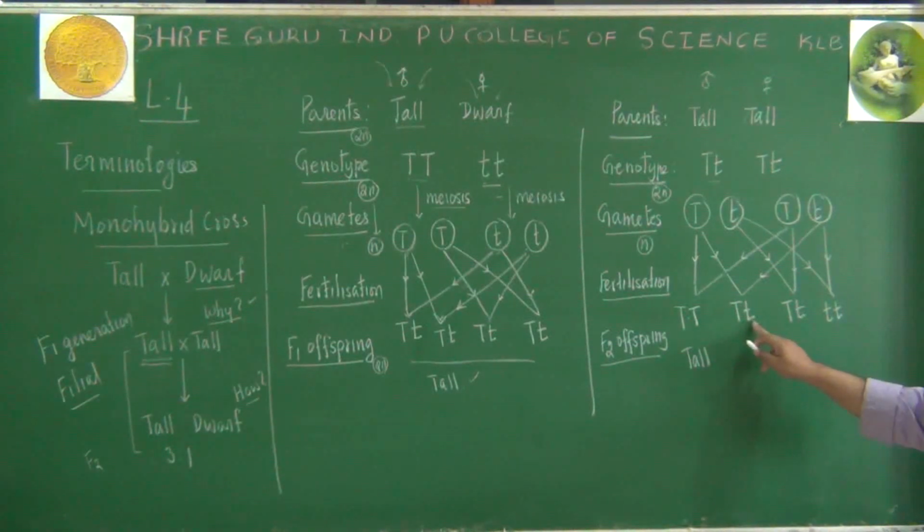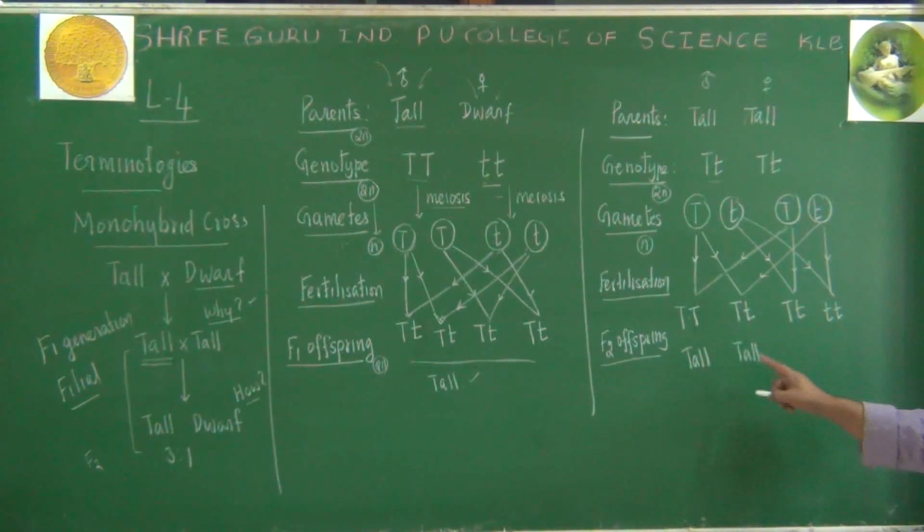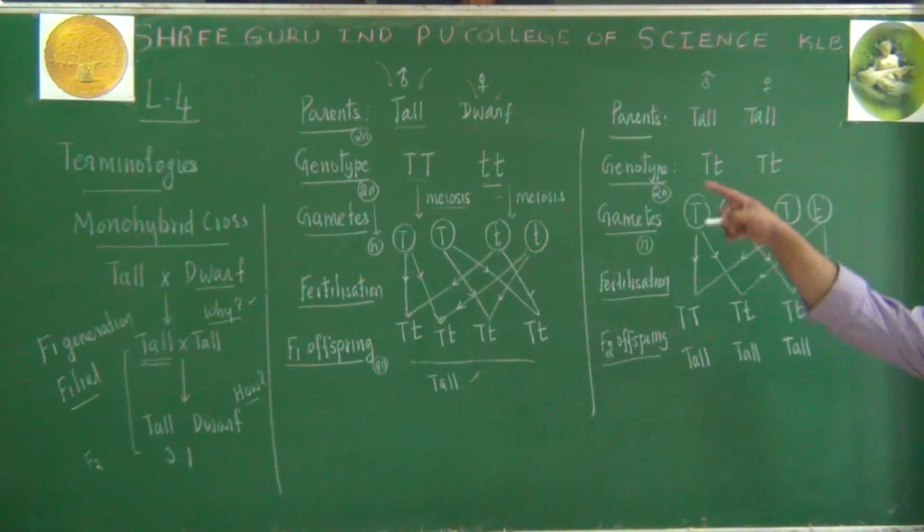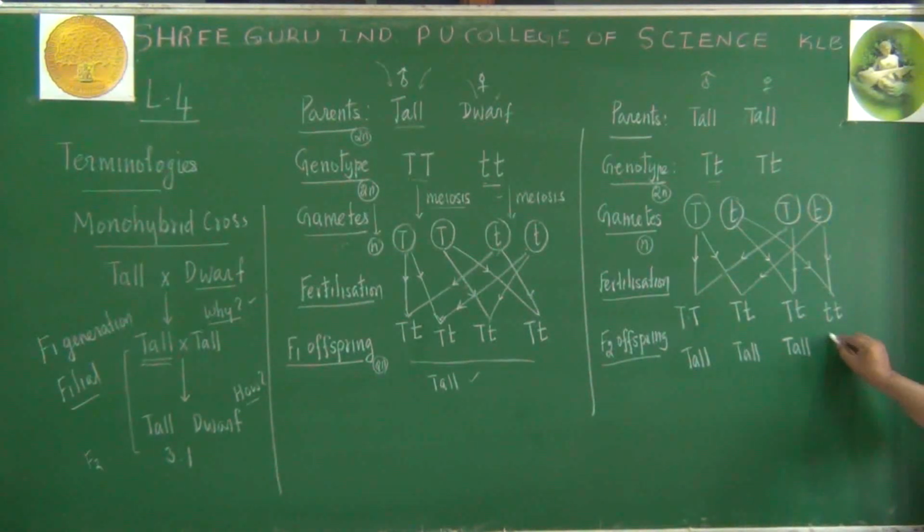When they have capital T, small t, this will also be a tall individual only. We will say why it is so afterwards. And here capital T, small t, again it will become tallness only. But remember, small t is there. Where the dwarfness is there, this is the one individual which is becoming dwarf in this condition.